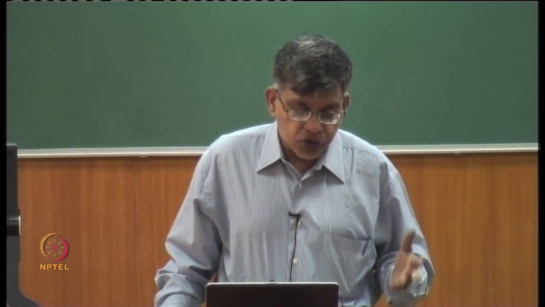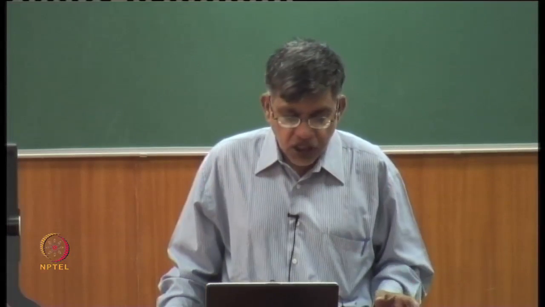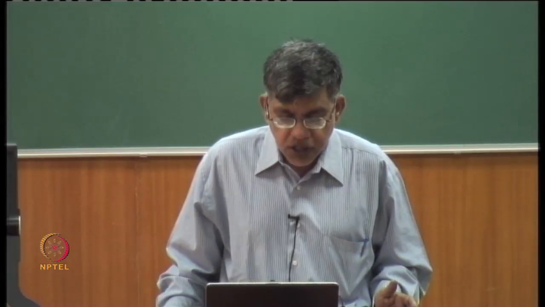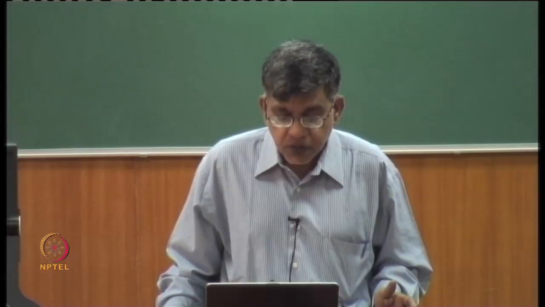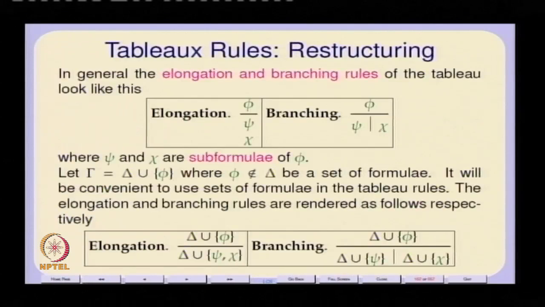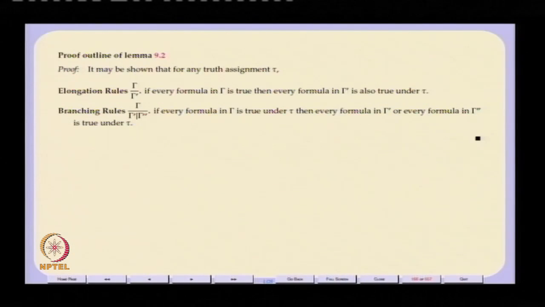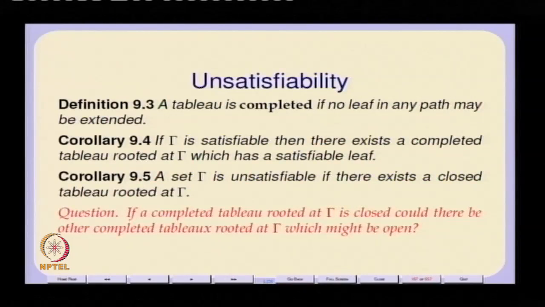So, we could do tautology checking, validity checking, and so on, and all those problems for propositional logic are algorithmically decidable. We showed how the tableau rules can be used to come up with tableau proofs. We showed the consistency. We showed how unsatisfiability can be proven through closed tableaus.